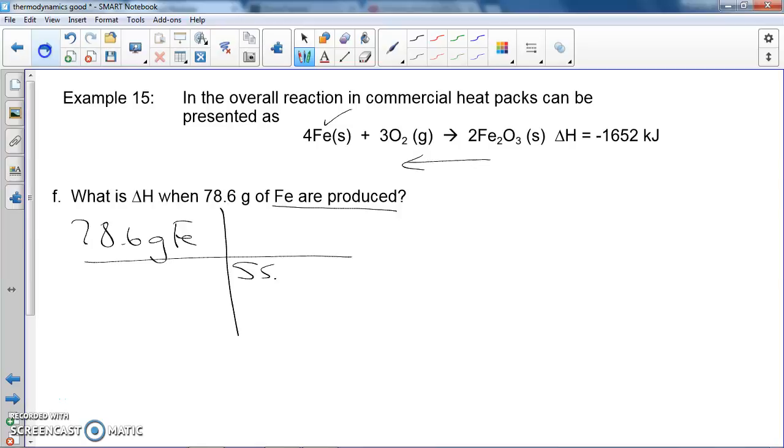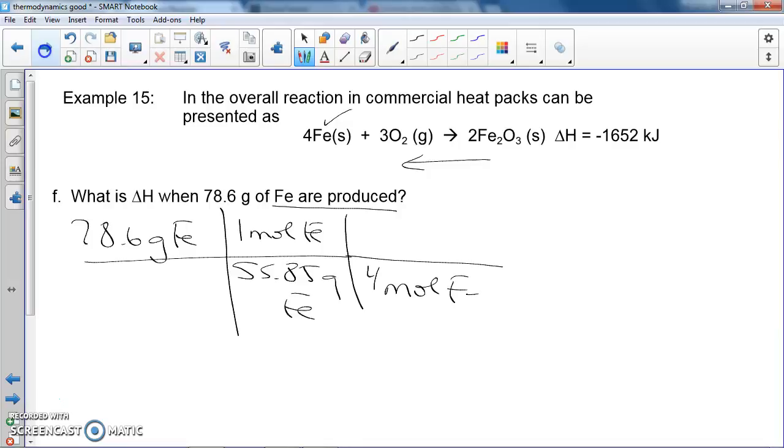I know there are 55.85 grams of iron for every 1 mole of iron. And I know for every 4 moles of iron from the balanced equation, I have 1,652 kilojoules absorbed. Why positive? Because it's the reverse. And when I do that math, I get positive 581 kilojoules absorbed.